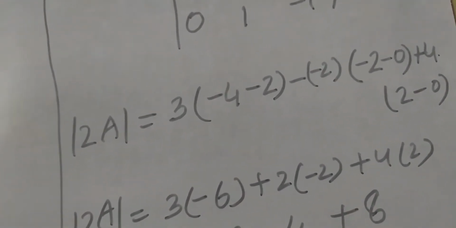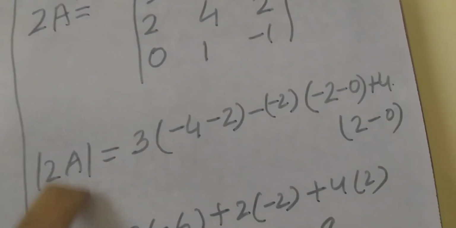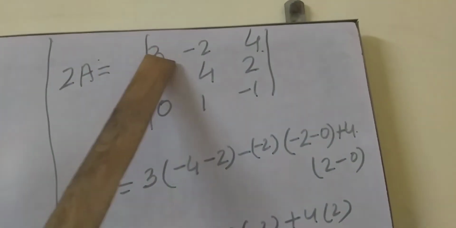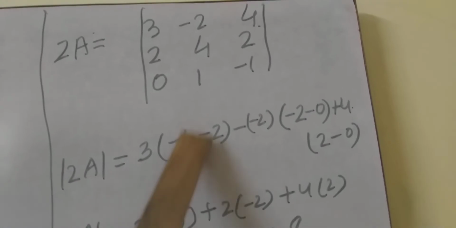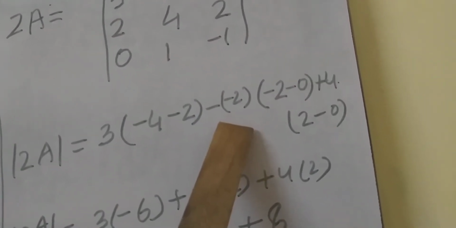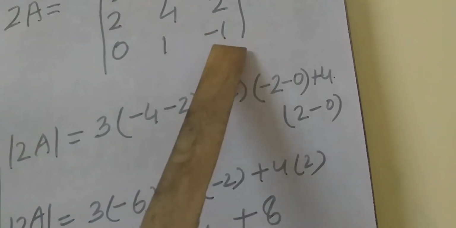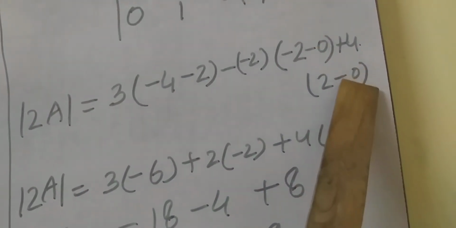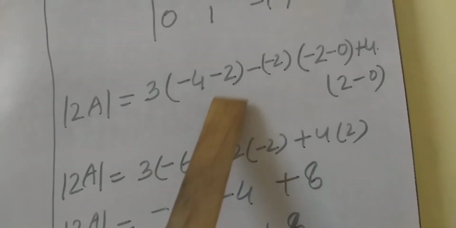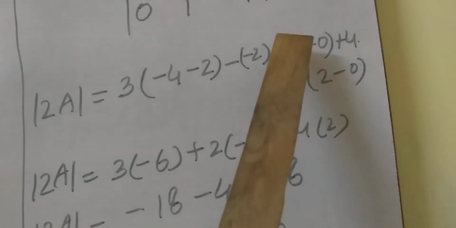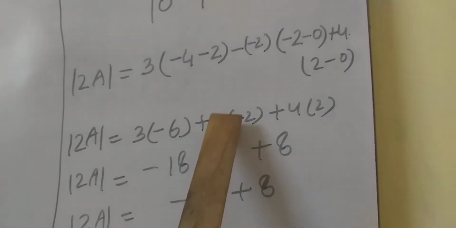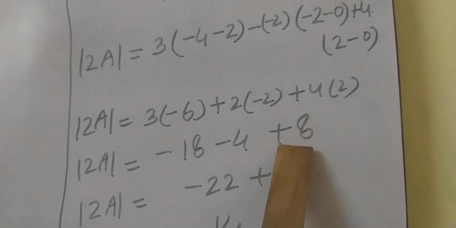So let us find out its determinant, student. Okay. So the determinant of 2A equals 3, with row and column deleted, minus 4, minus 2, minus 2, with row and column deleted, minus 2, minus 0, plus 4, with row and column deleted, 2, minus 0. So 3 into minus 6 plus 2 into minus 2 plus 4 into 2. Minus 18 minus 4 plus 8.